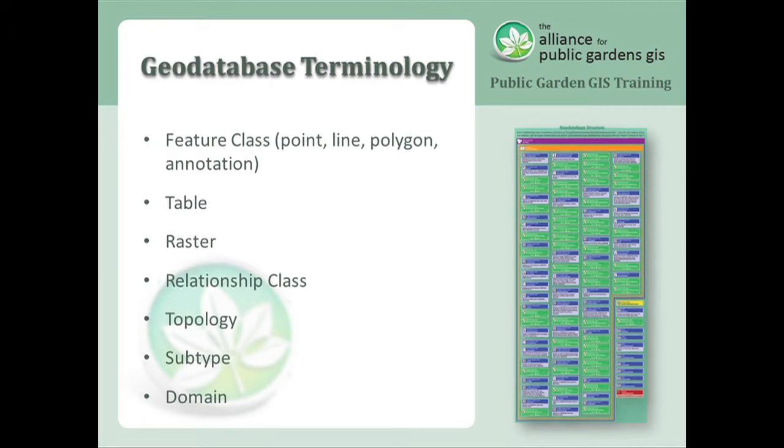Another important object is a topology, and a topology is a set of rules that governs the geometry of objects on the map. We have a bunch of rules that we've defined in the data model that say, for example, buildings and water should not overlap. So if you have maybe done a little bit of a sloppy job drawing things in on your map, and your building overlaps a water feature, it will throw up an error.